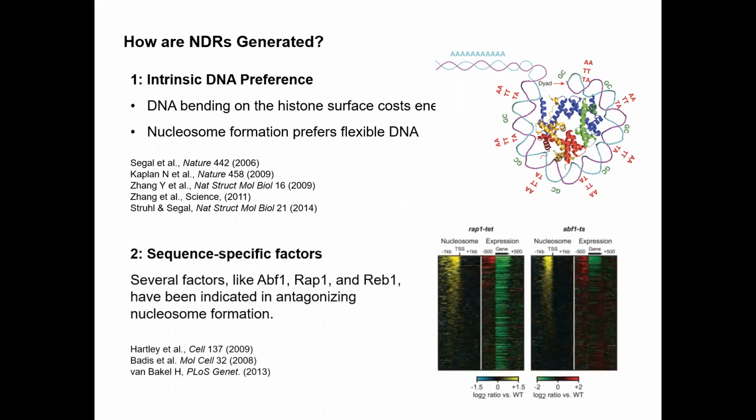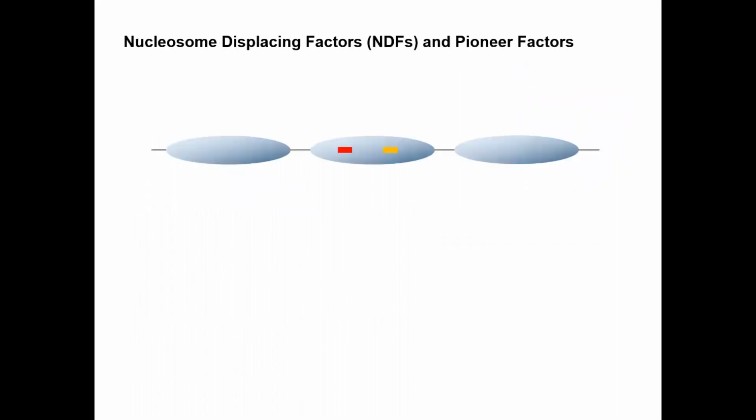Inside the cells, there are also these sequence-specific factors. In yeast, there are these famous factors, ABF1, REB1, and RAP1. They can bind to DNA and antagonize nucleosome formation near their binding sites. In higher eukaryotes, these factors are called pioneer factors because they are the first factors that go into the chromosome.